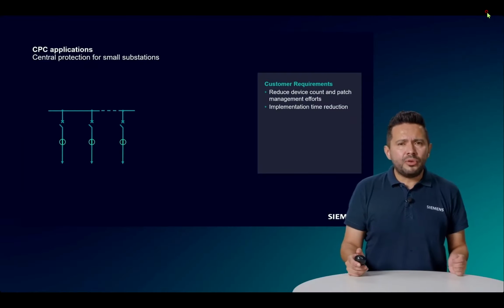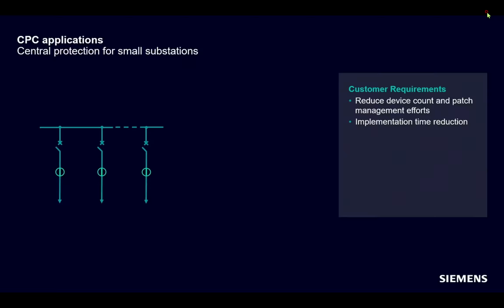Then we have customer requirements like reducing the total amount of devices, reducing the patch management effort if we are talking about cybersecurity. Also, reduce the access management, like configuration files, upgrades, or drivers for the software configurator.